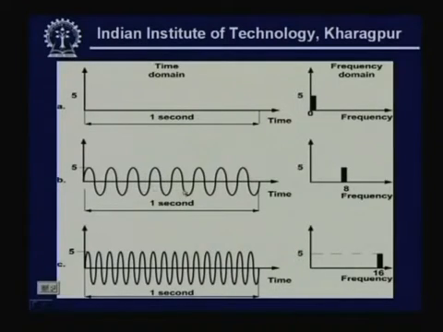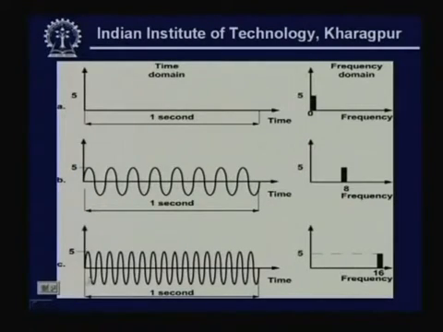So it has frequency f and time period equal to 1 by 8 second, and this corresponds to 5 volt, 5 units, maybe 5 volt. If we have a look at the frequency domain representation, we get a line here at frequency f equal to 8.